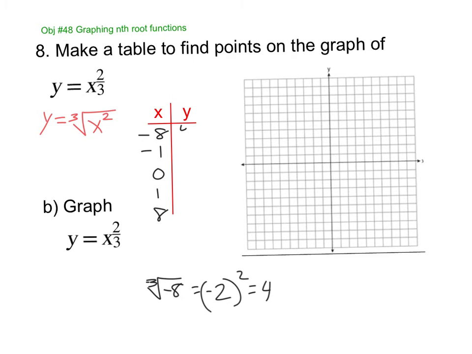So we get 4, 1. Because of the square, it's flipping it positive, 0, 1, 4. Right? So I always do the root first. The cubed root of -1 is -1. -1 squared is 1.